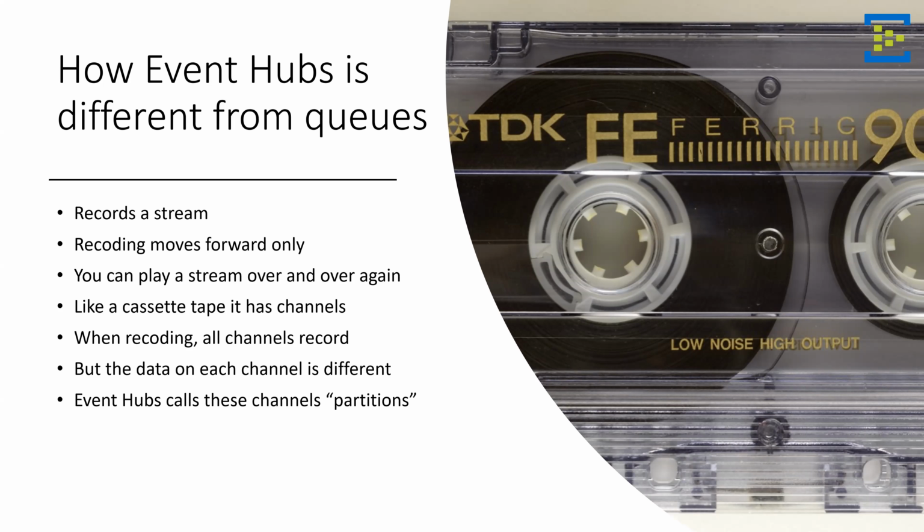You can play a stream over and over again, so you can basically retrieve the same messages again and again, right? Similar to a cassette, it has channels. A cassette has 2 channels, right? Left and right. Event Hubs has a little bit more. We'll talk about this. The data on each channel is different, so it's not the same messages. And these channels, rather than calling them channels, we'll call them partitions.